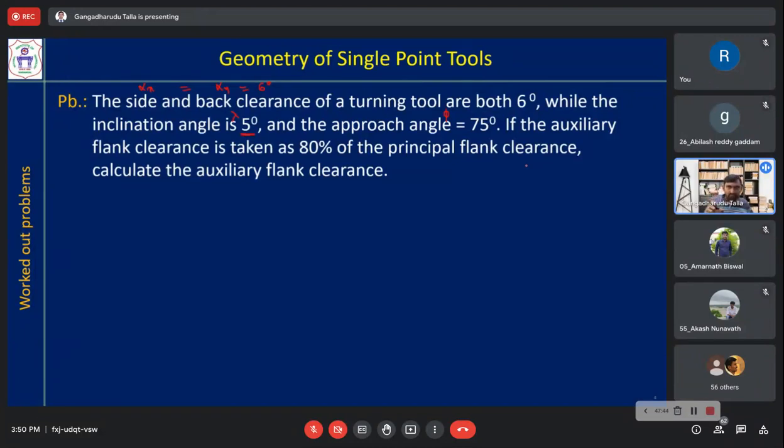There is principal flank clearance angle, so this is the relation: 80% of alpha O is alpha O prime. Now calculate the auxiliary flank clearance.